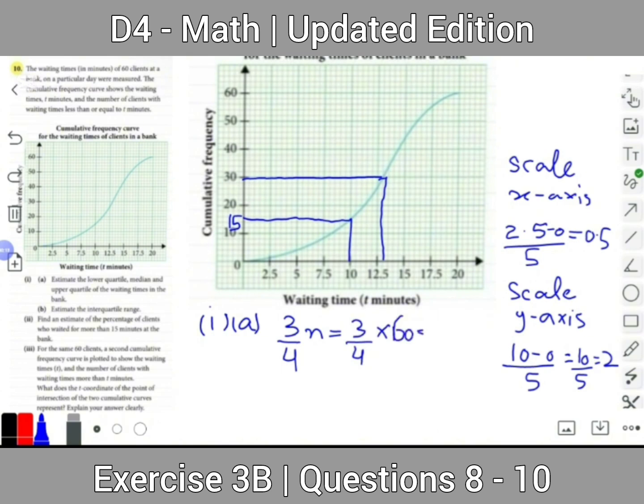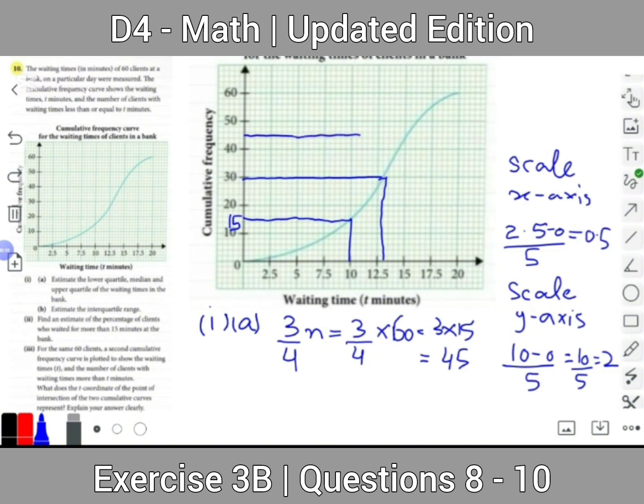So we have 3 multiplied by 15, which is further equal to 45. Now we will look at the data value corresponding to the cumulative frequency of 45. So here we have 40, 42, 44, 46. Between 44 and 46, 45.